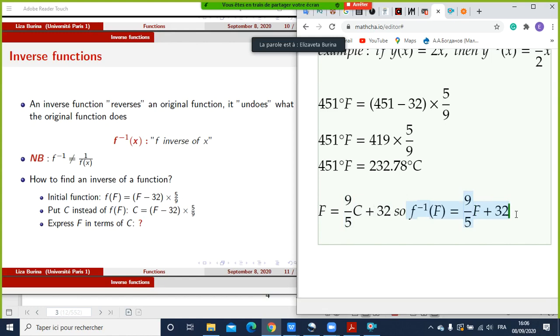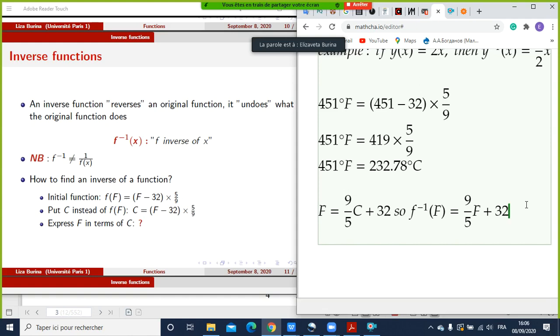Because f was an argument of the initial function, and we can write it like this, so it will be a pretty inverse. Or if we want to be very rigorous mathematically, we should write it like that. So this reads f inverse of f is equal to that. So we don't change the argument, technically we just change the form of the function.